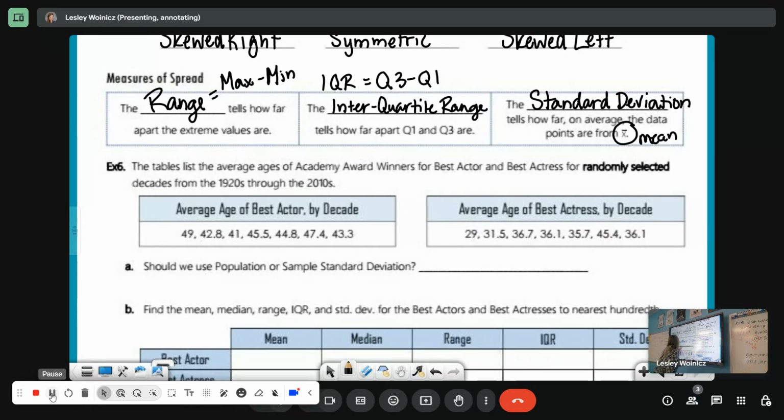Because they are randomly selected, this means that this is a sample, not an entire population. So if we're asking if we should use population or sample standard deviation, the answer is sample. Because it's random.